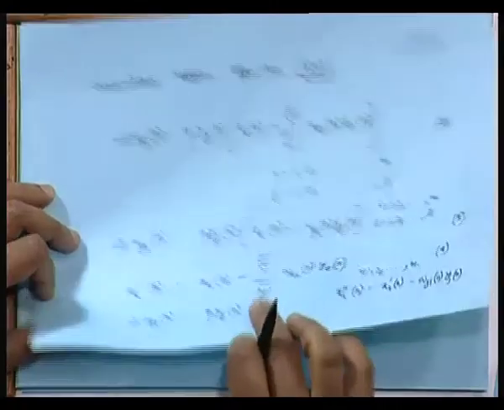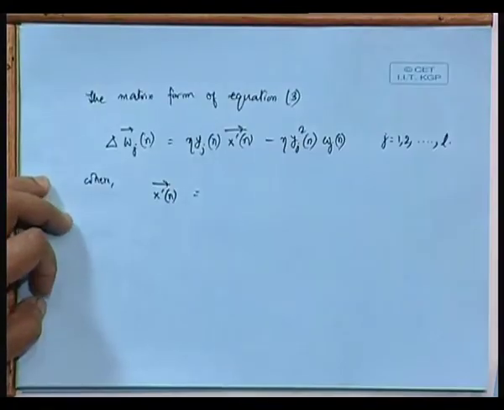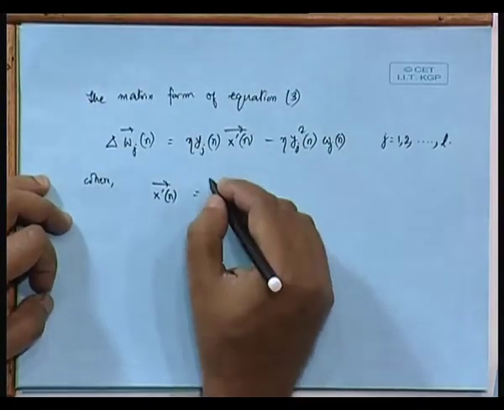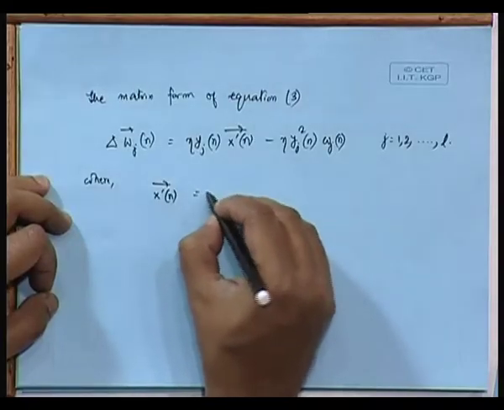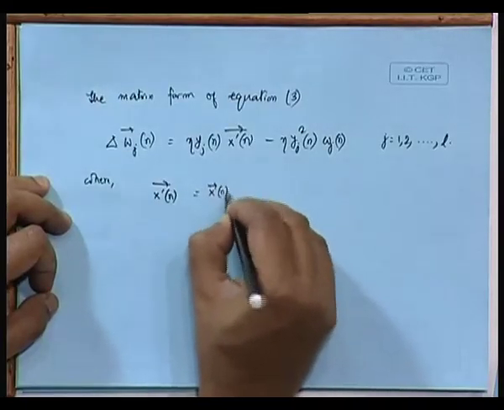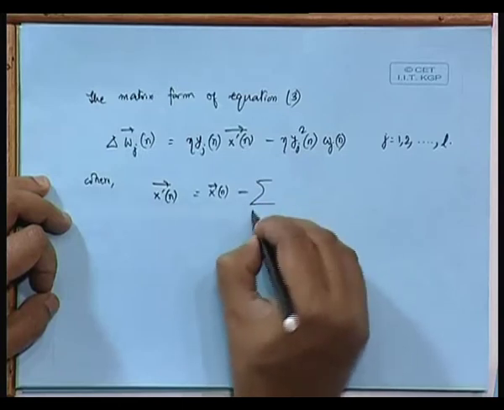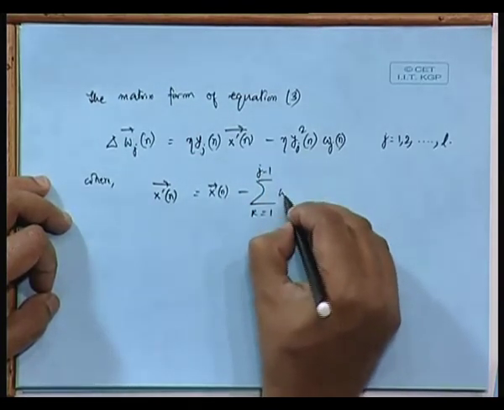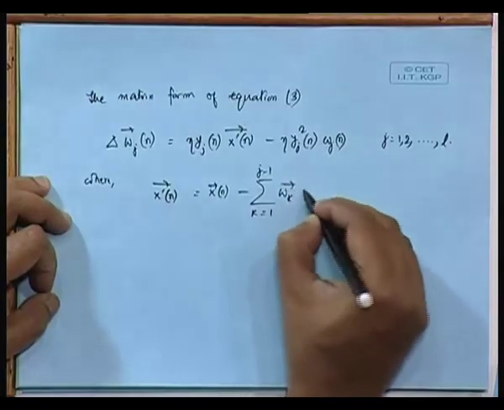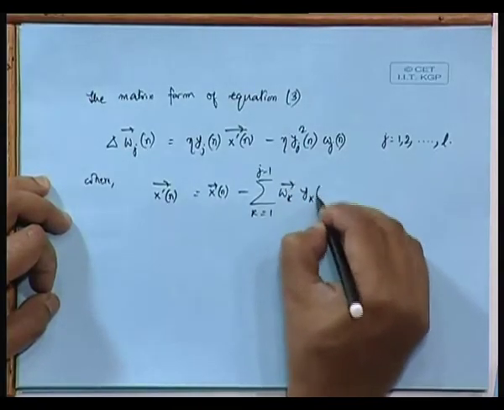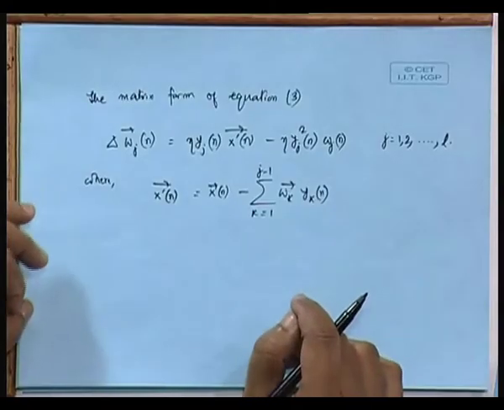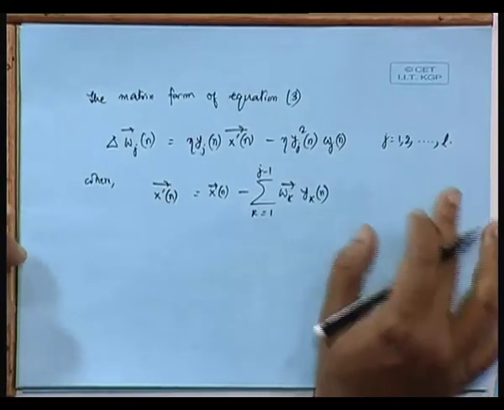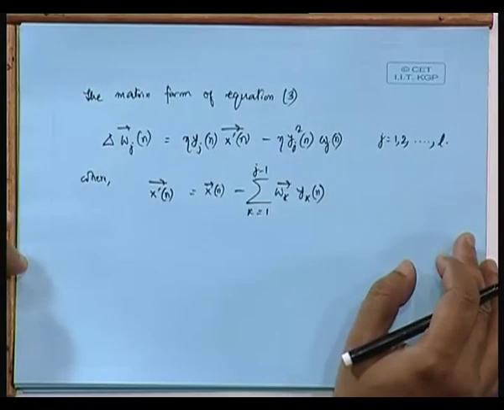So, we can write this equation number 4 in the matrix form as xi prime n vector equal to x vector minus summation k equal to 1 to j minus 1 of wk vector ykn. So, this is the matrix form of this equation.